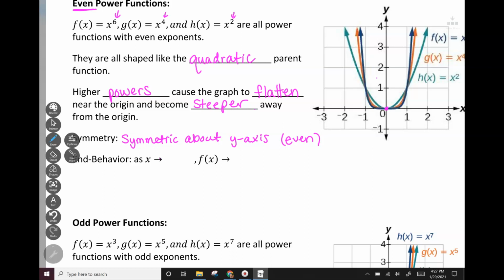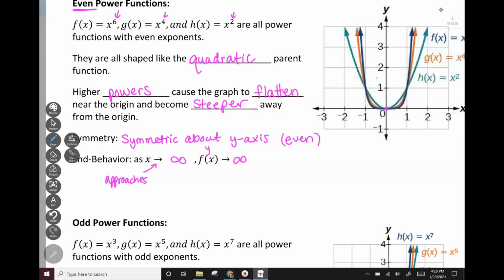As x approaches, that's what this arrow means, approaches infinity, f of x, which remember is your y value, is approaching what? As x gets larger, what is happening to my curve? It's going up, up, up, up, up. So y, or f of x, is also approaching positive infinity.